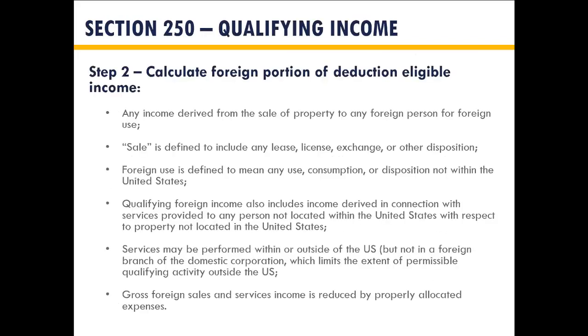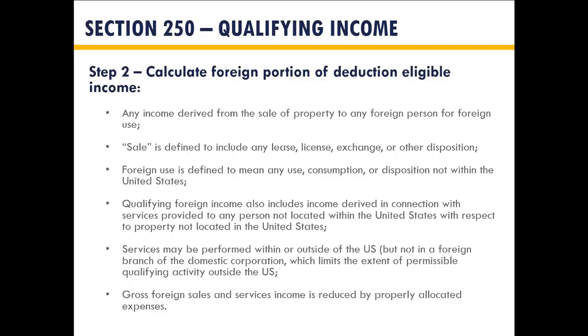One thing I wanted to address in the last couple minutes that we have here, part of that step 2 where you calculate the foreign portion of the deduction eligible income, is that you need to look at your foreign derived sales, basically. And sales is a little bit broader than what it means for an IC DISC. It's not something that needs to be manufactured in the US. It's just a sale that's been made for ultimate foreign use. There's a little bit of paperwork that you need to keep to help determine what is ultimate foreign use or prove that it was used for foreign use.